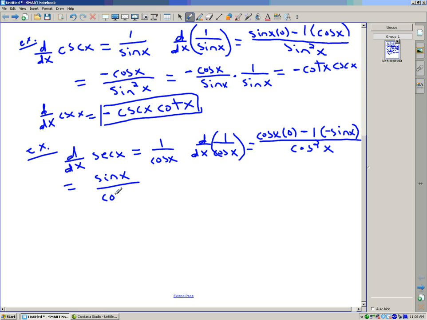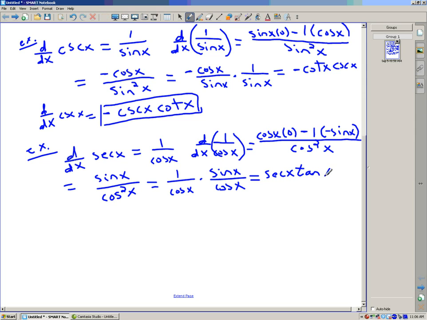And that's our derivative, but we're again going to change this into two fractions. One of these fractions is going to be 1 over cosine, and the other fraction is sine over cosine. And now we have two trig functions. 1 over cosine, of course, is secant, and sine over cosine is tangent.